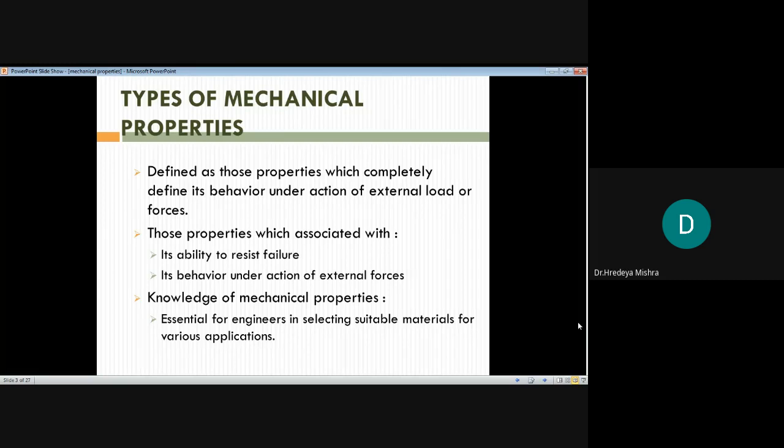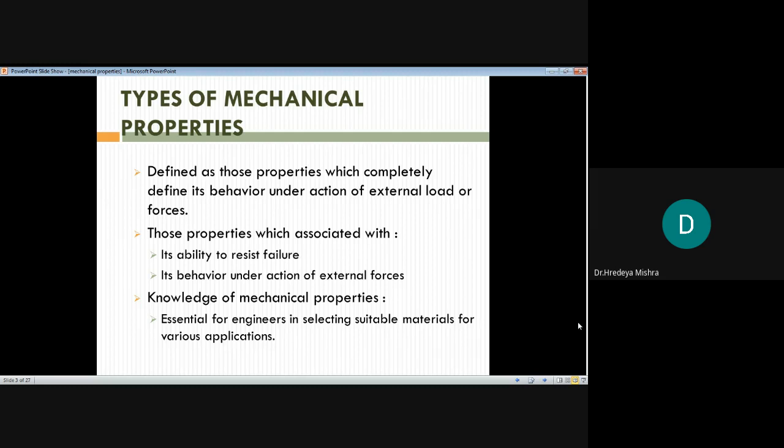Okay, so mechanical properties are defined as those properties which completely define its behavior under action of external load or force. Whatever the property is, it is developed when external force or load is applied on the component or the material.